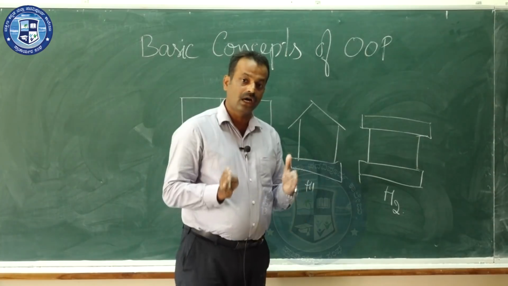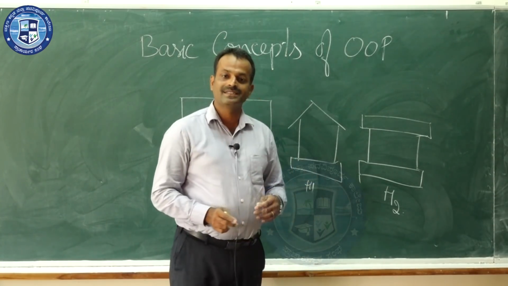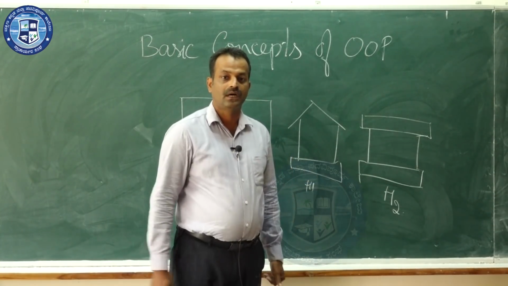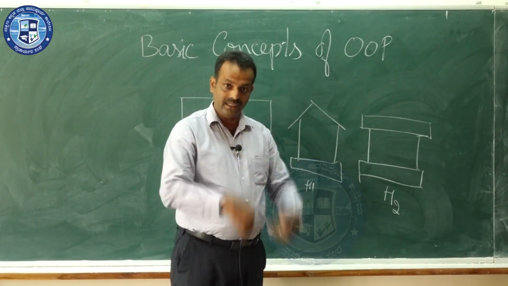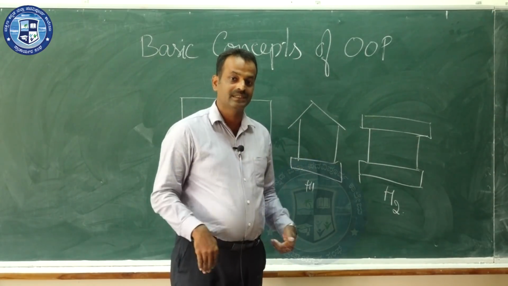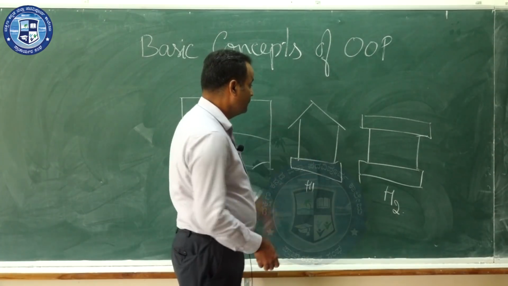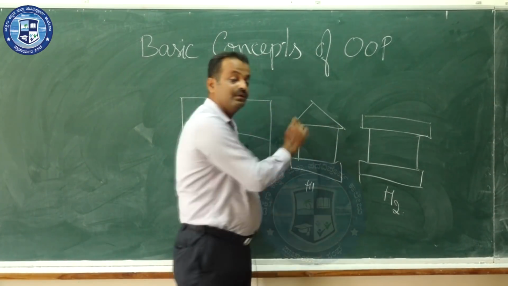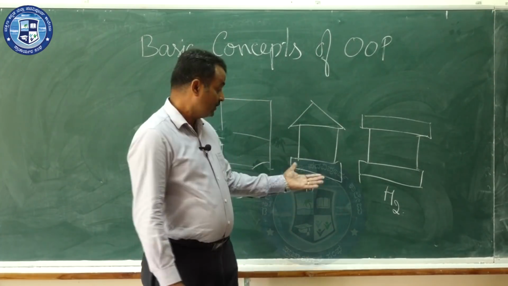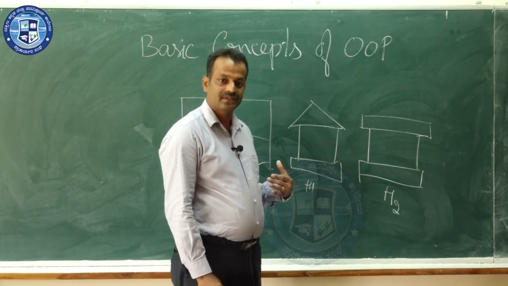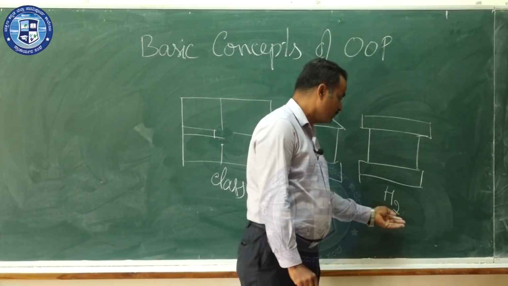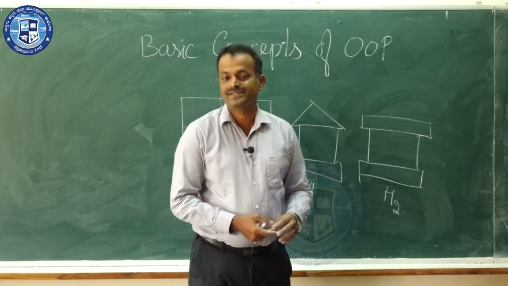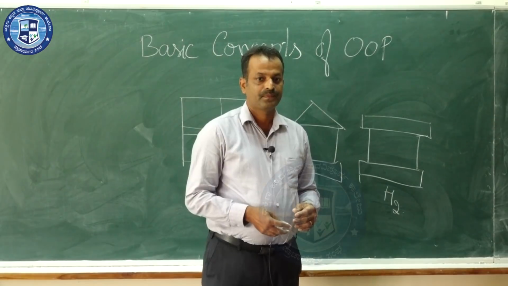By constructing the house H1, I can say that I am having the house, so that I can invite my friends, relatives, and I can say that the house is having some space. Now H1 is given a space for dwelling, whereas H2 also is given a space.